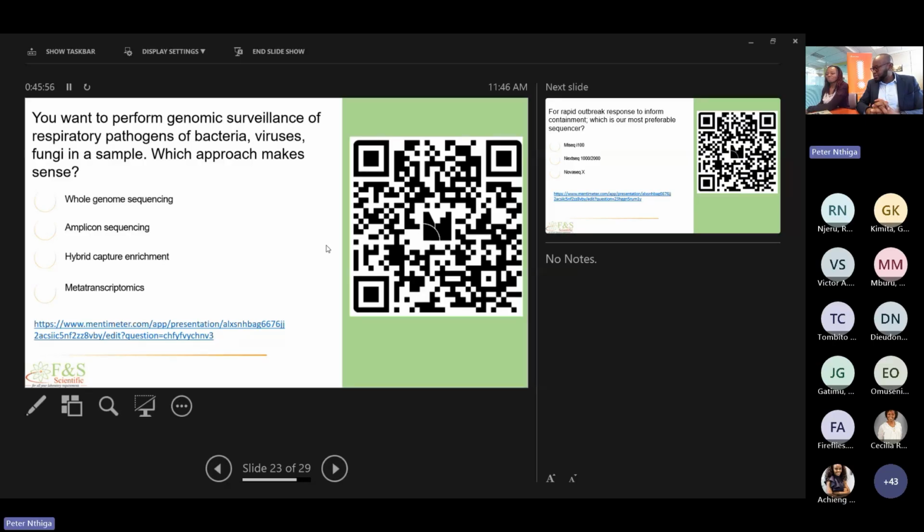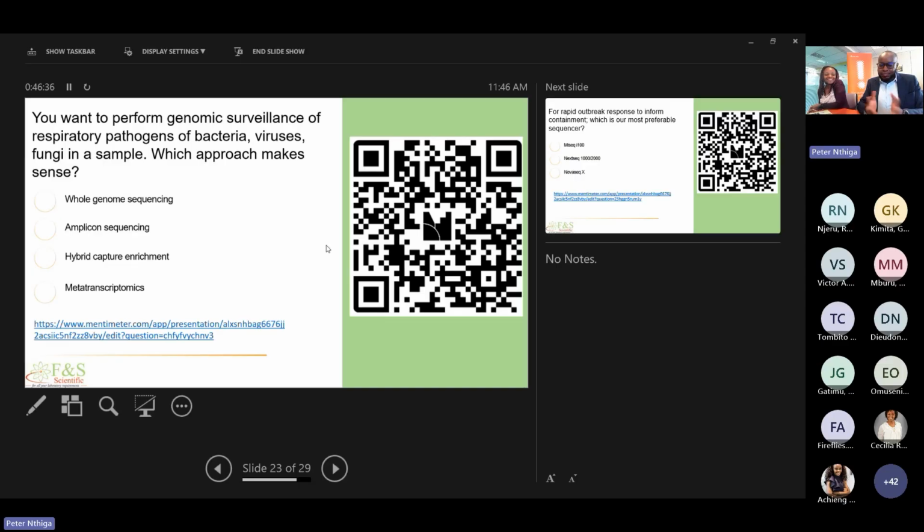Which is the right one? Okay, so we've gotten quite a number of responses. There's whole genome sequencing, there's an amplicon sequencing approach, there's hybrid capture, or can apply depending on the capacity. Okay, it depends on the questions we want to address. Yeah, this is quite interesting.